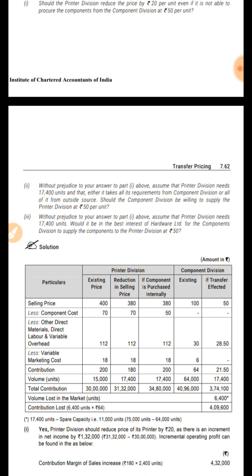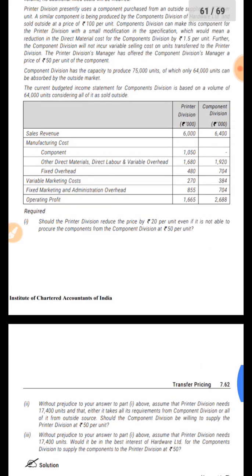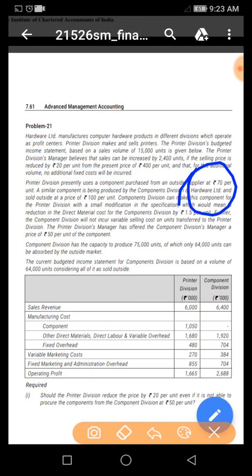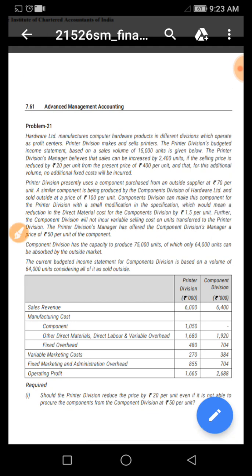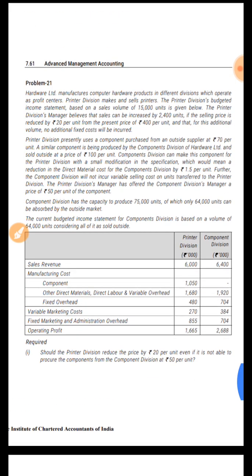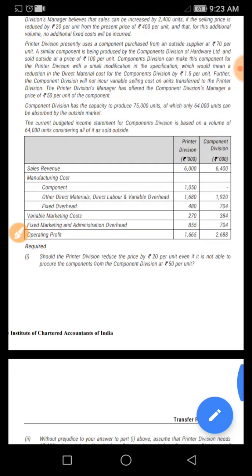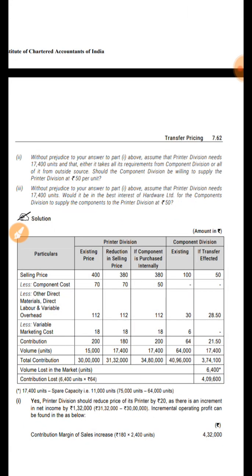You are going to sell a printer, and for that printer you are procuring the component, other materials, and labor also are incurred. From an outside supplier you are procuring at 70, and if you procure internally, you will procure at 50. So 70 and 50 if you internally purchase.